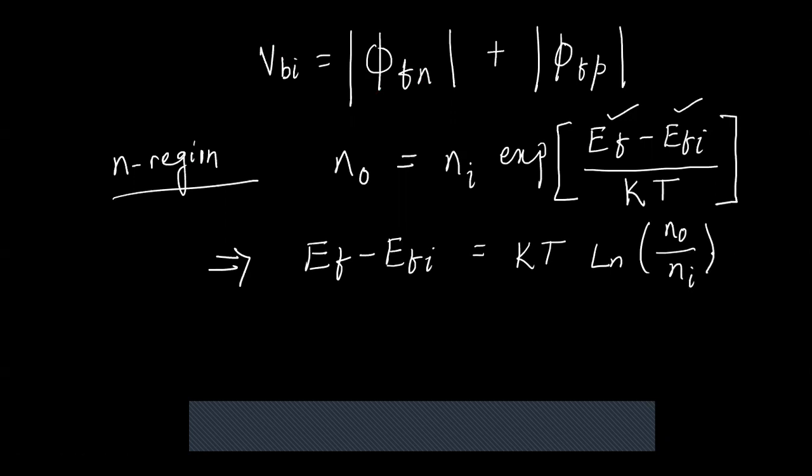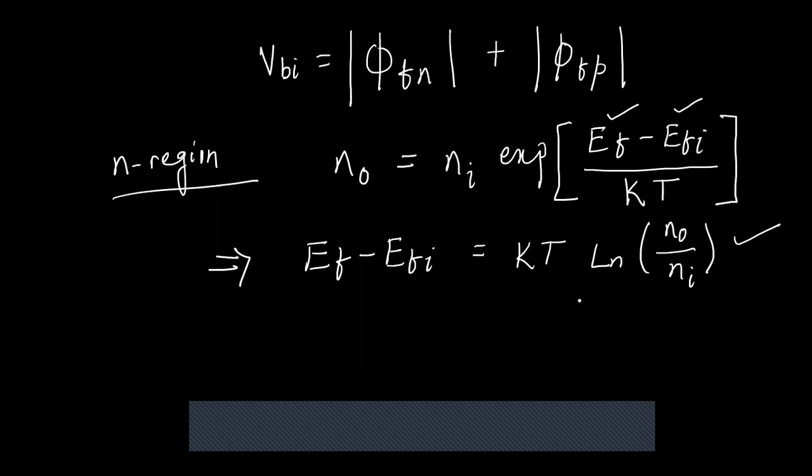This is simple: the exponential of this whole thing will be n0 by ni. Take the natural logarithm of both sides, then multiply by kT back again. A simple step, and you get EF minus EFi equal to this.